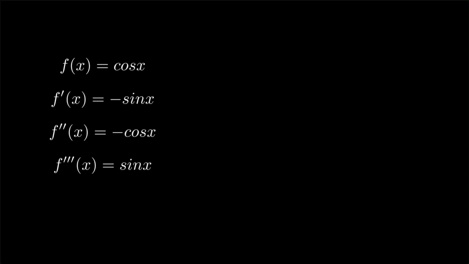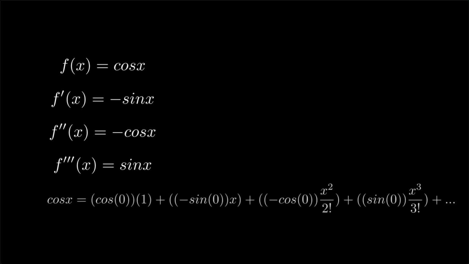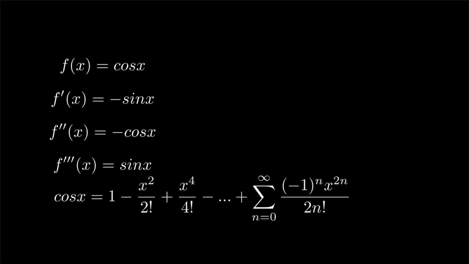So let's write out our Maclaurin series, okay? And for our Maclaurin series, we're going to evaluate all of our functions at 0. And so we get this polynomial. And then let's simplify this, and then we can make a general term, or a general formula for our series.